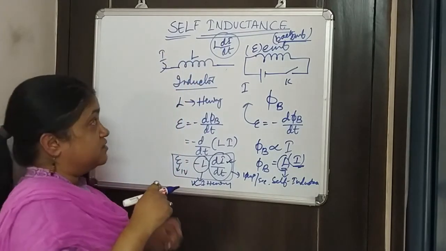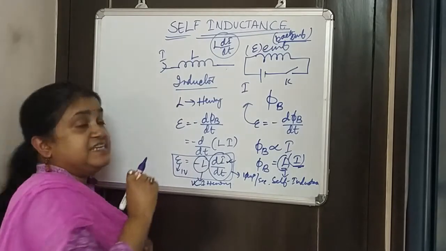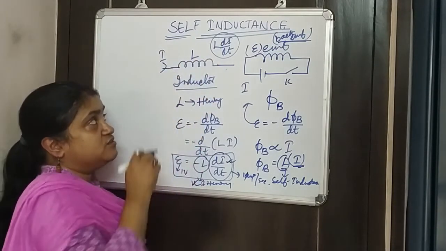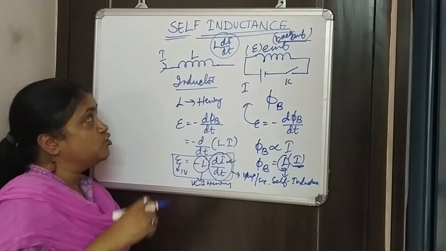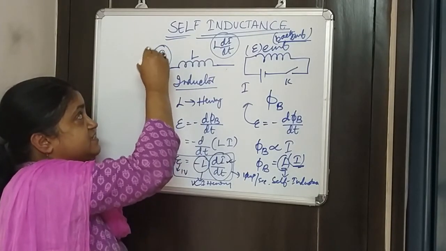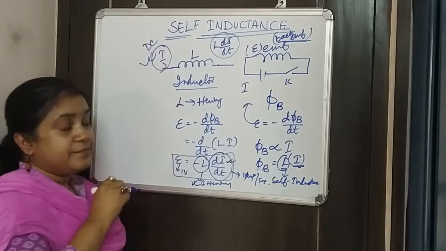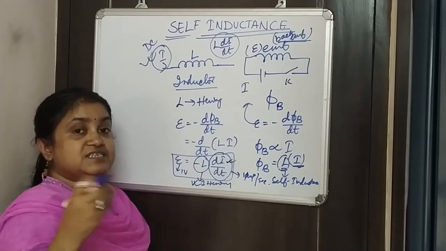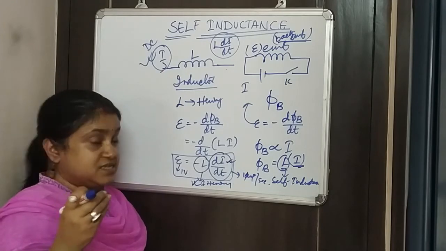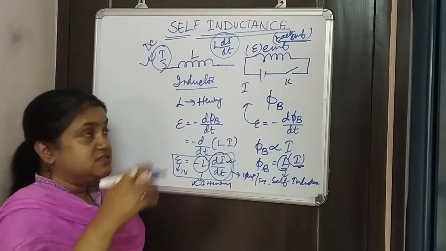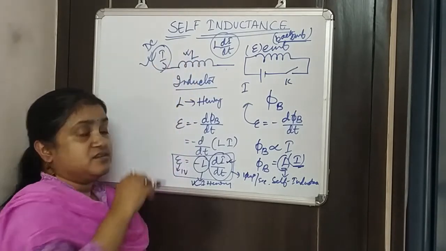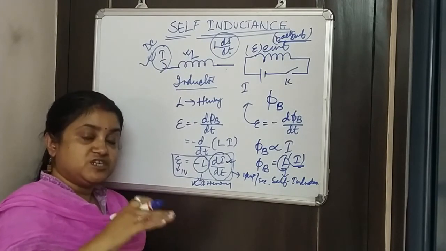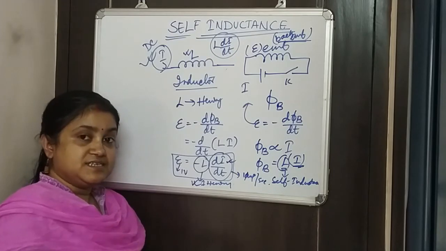And suppose I give a DC current, if an inductor is connected to a DC current, then what happens? If any changes in DC current take place, that would be stabilized by the inductor. So it won't allow any fluctuations or any changes in DC current.